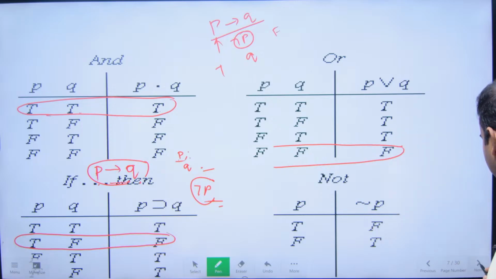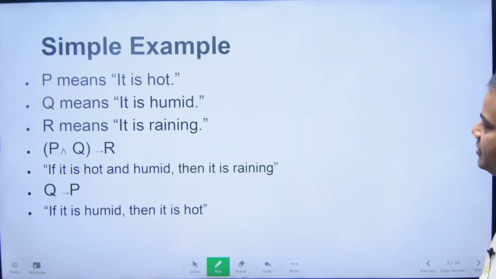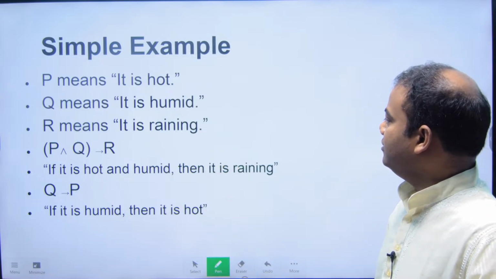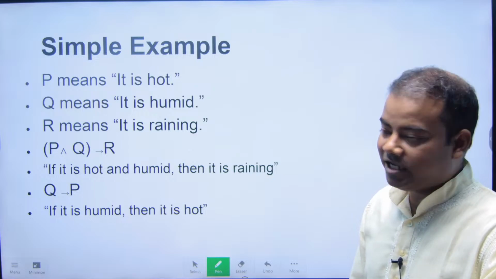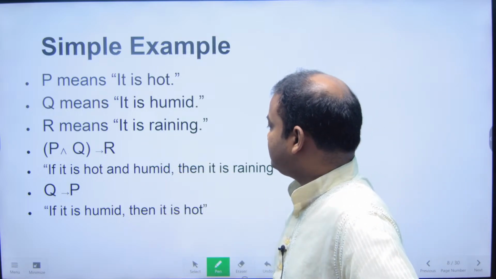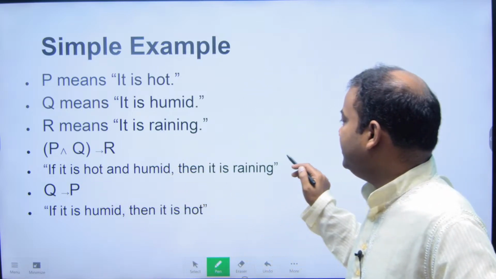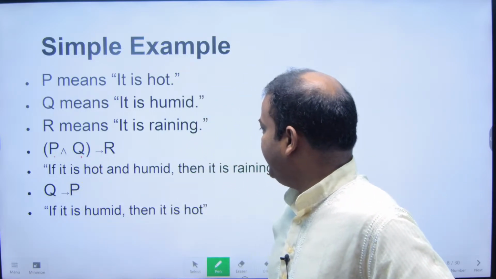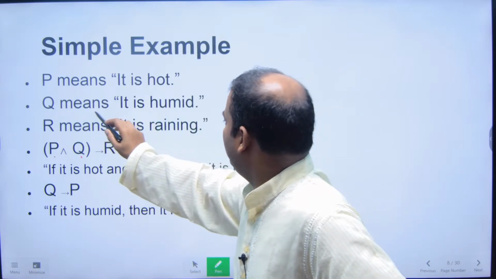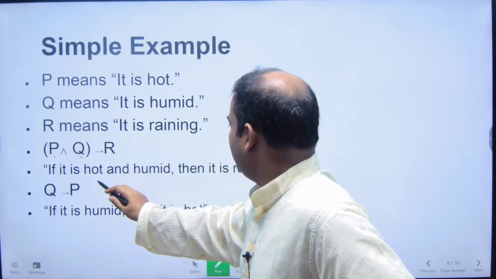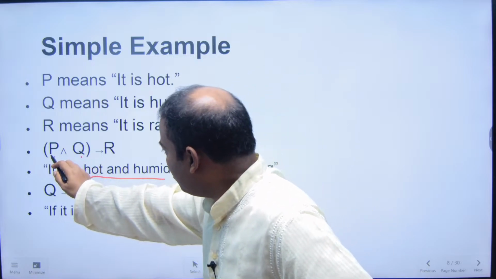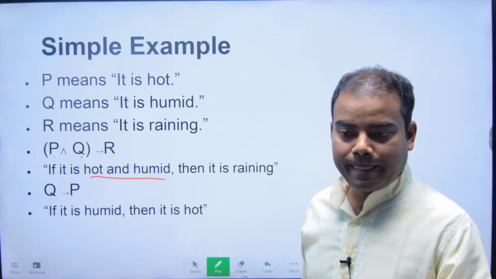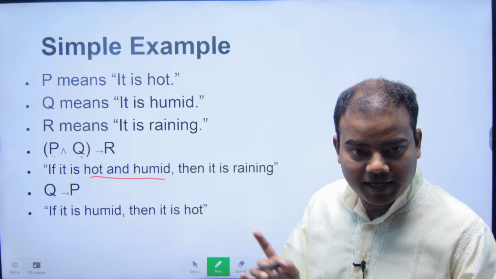So now the truth table is clear. Here is one simple example of how a normal statement can be written in mathematical logic. For example, if I say, if it is hot and humid, then it is raining. P is, it is hot, Q is, it is humid, and R is, it is raining. So if it is hot and it is humid, then you can say that it is raining. This is a conditional statement.